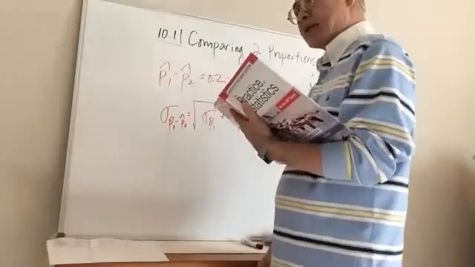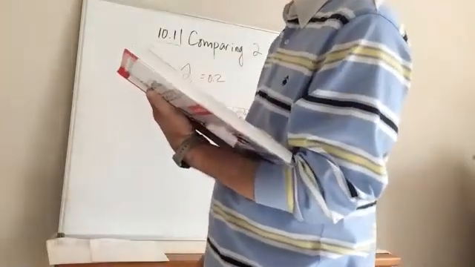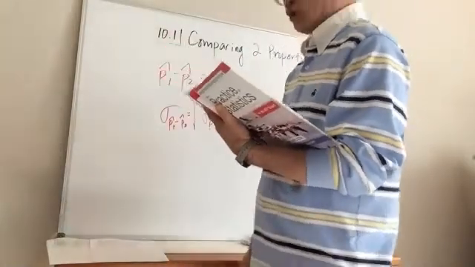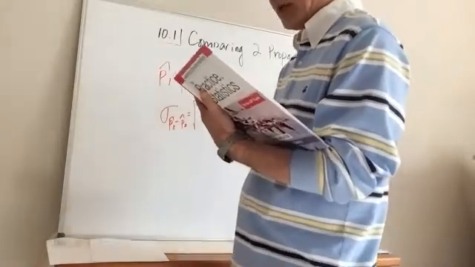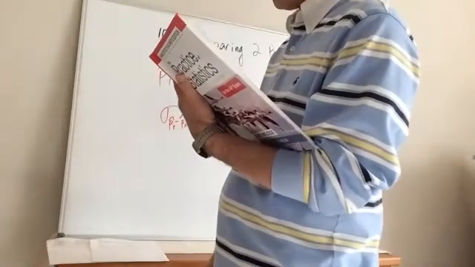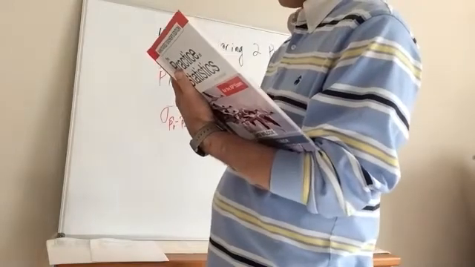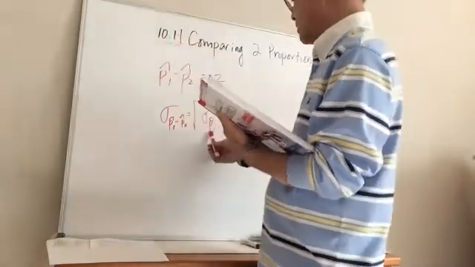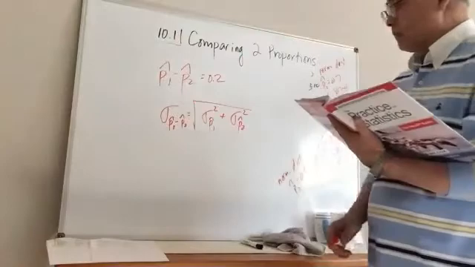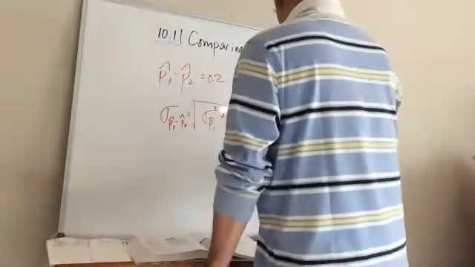Now, on the top part of page 624, it graphically shows you what it means. The mean of P1 minus P2, that's the mean, and the standard deviation is this right here. So if you were to do this, it would be the same thing over here.